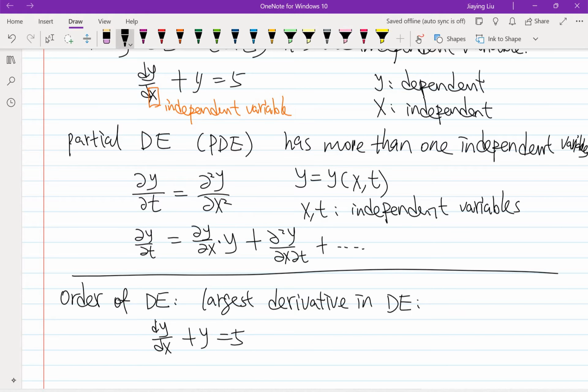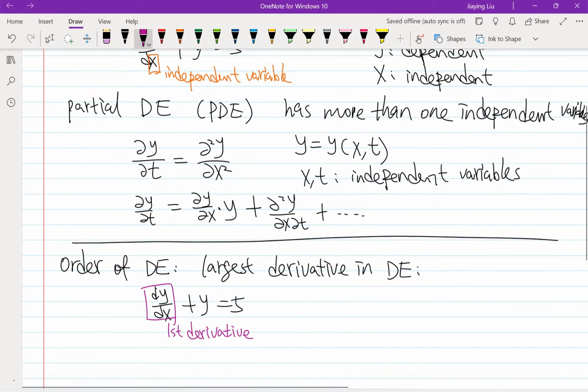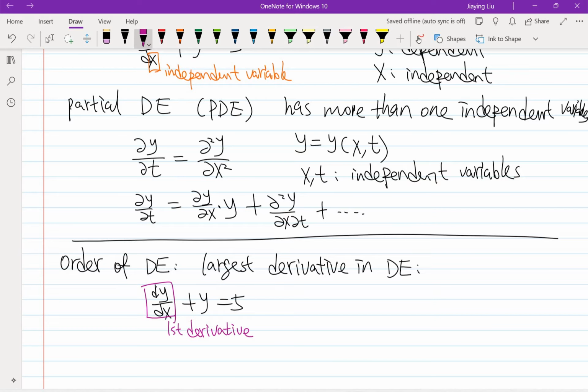So you look at what is the largest derivative, which is the first derivative, right? The dy/dx. So this part is the first derivative. It's the biggest derivative we have. So this equation is called a first order differential equation, because of the biggest derivative.